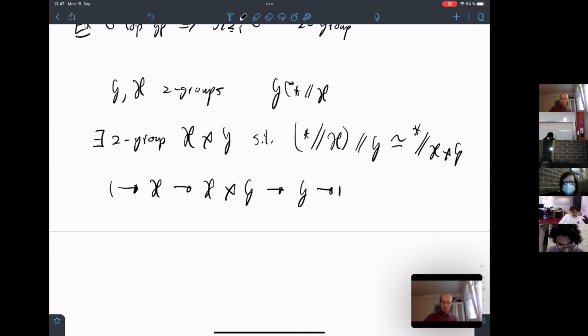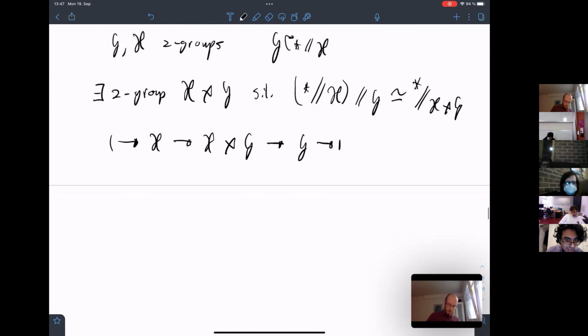And the main examples that we want to look at, they all involve the 2 category, which I call S more of, which is the 2 category of superalgebras.